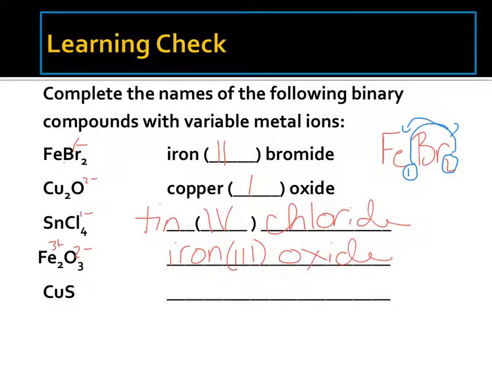This next one, copper sulfide. Sulfide is in the same column as oxygen, so it's always a 2 minus. So if it took just 1 copper to give 2 electrons to sulfur, it must be copper 2 sulfide.